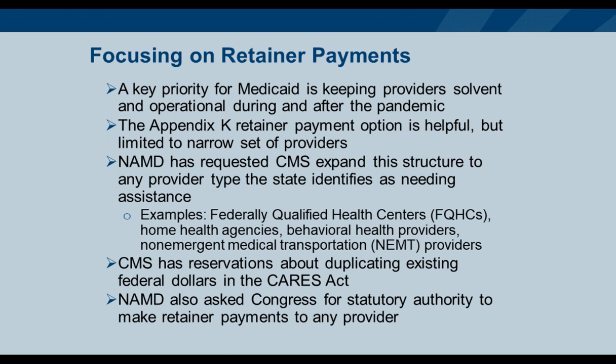The challenge that we are seeing is that CMS has some reservations about duplicating the existing federal dollars that have been allocated in the CARES Act. So folks are hopefully aware that the CARES Act has a $100 billion fund for providers to address provider solvency needs and make up for revenues that are lost due to COVID-19.